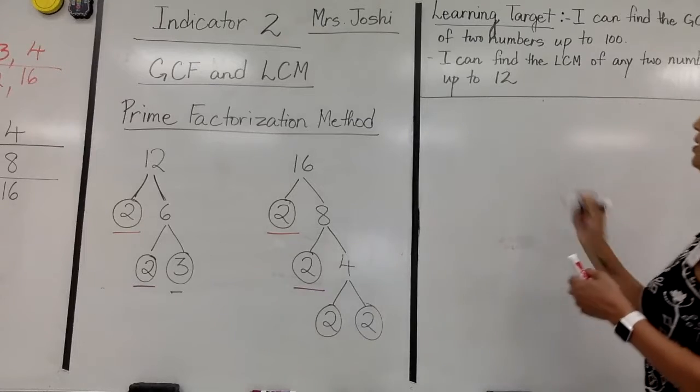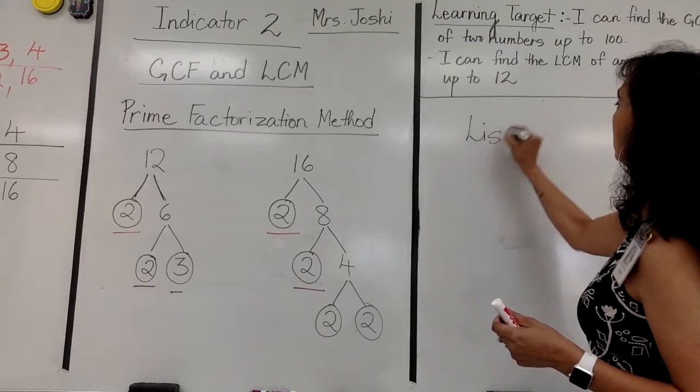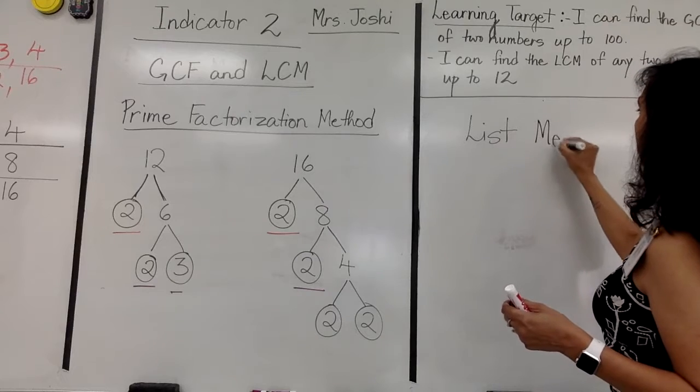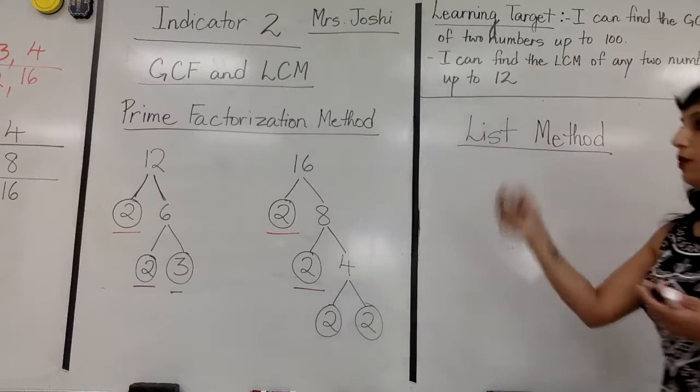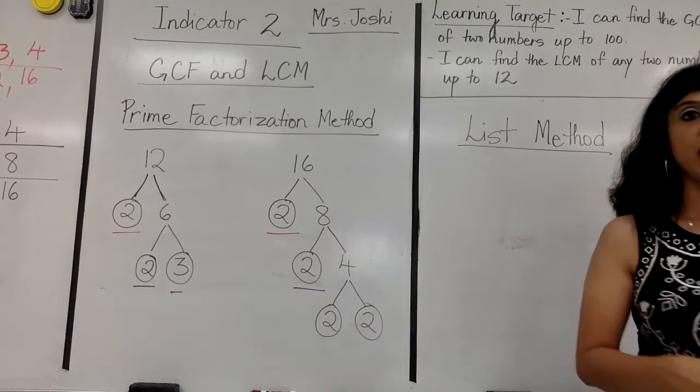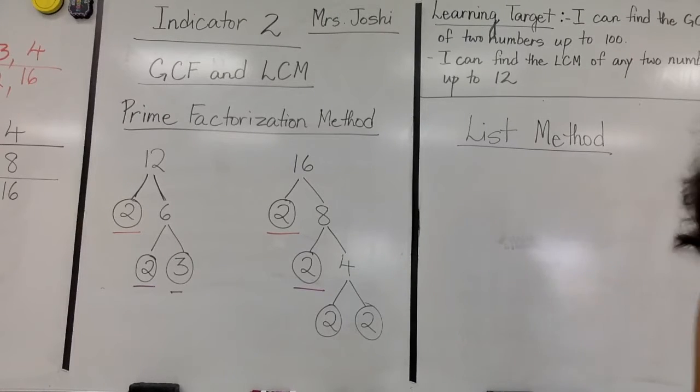Let me put that down also. And then I will show you the other method which I use also. Okay, let's go on to least common multiple. In this case, let's first start with the list method.